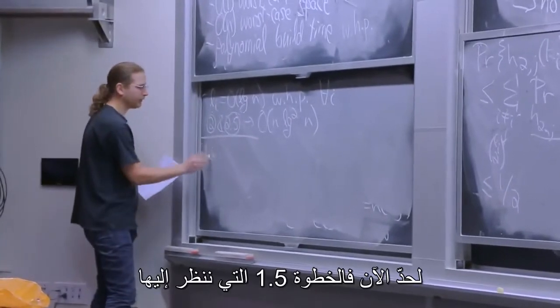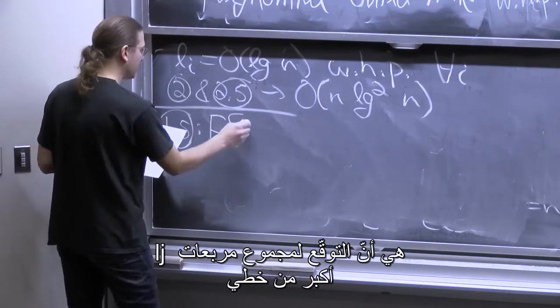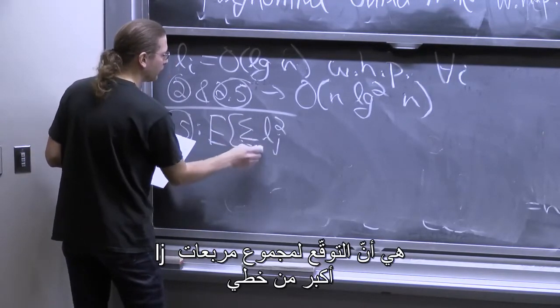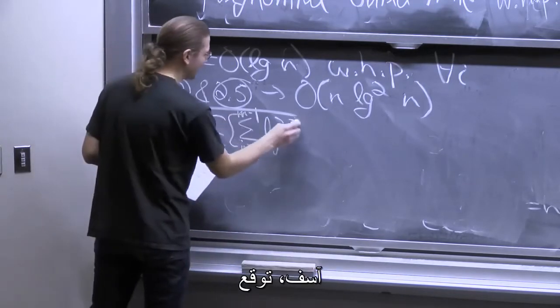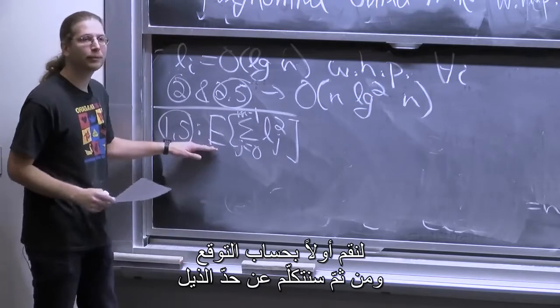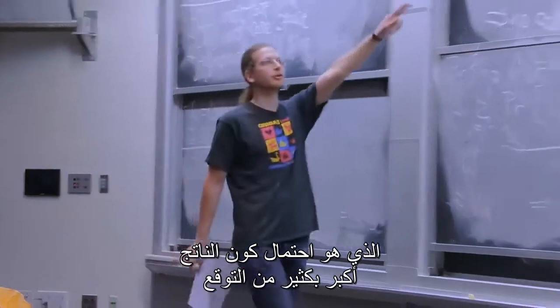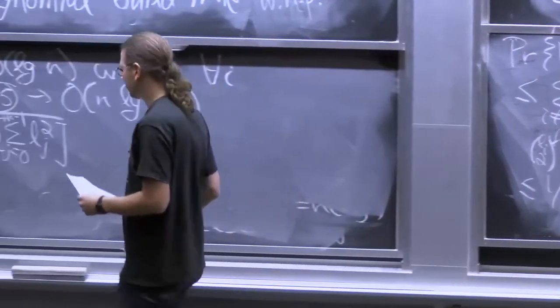So for step 1.5, we're looking at the expectation of the sum of the Lj squareds being more than linear. Let's first compute the expectation, then we'll talk about a tail bound, which is the probability that we're much bigger than the expectation. First thing is I claim the expectation is linear.